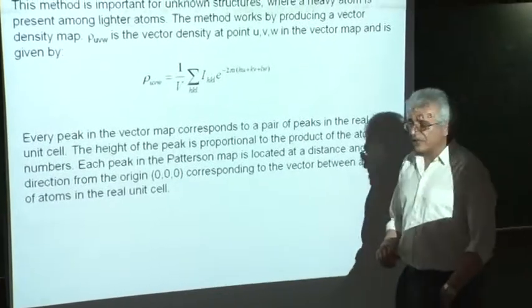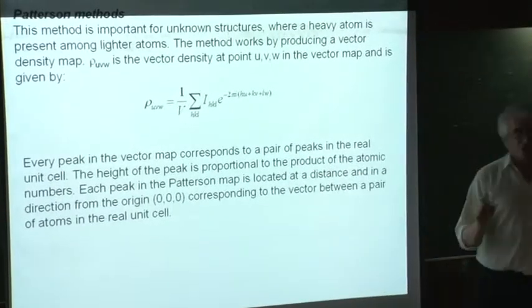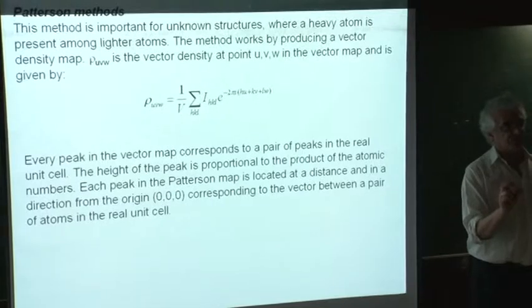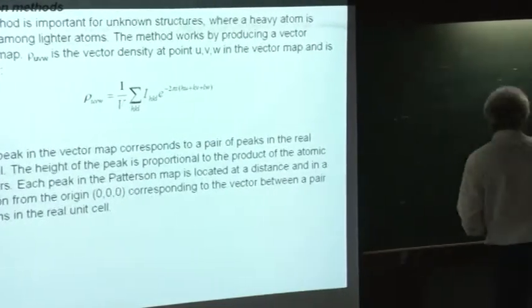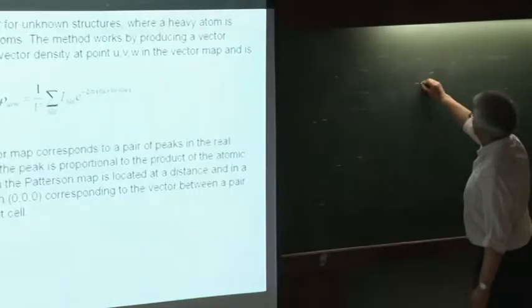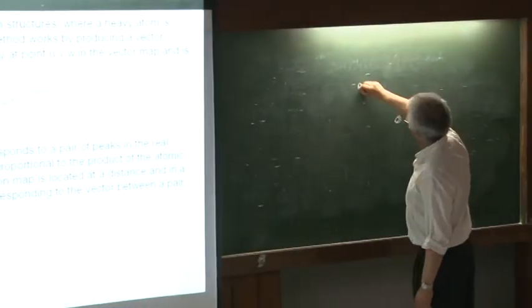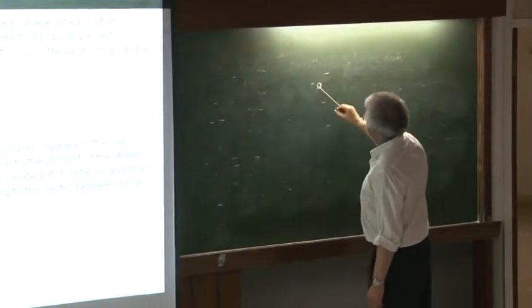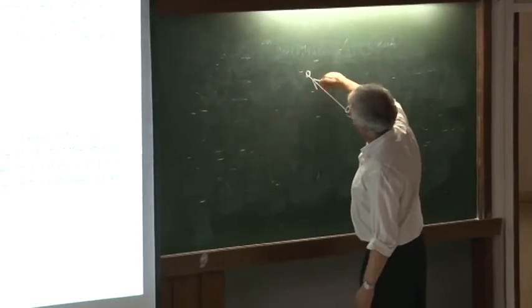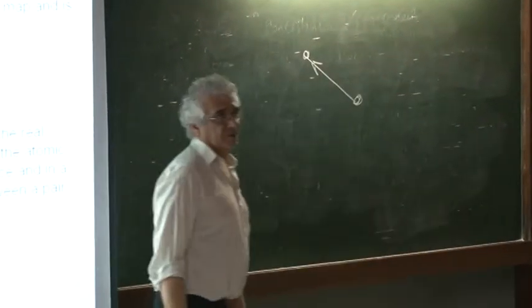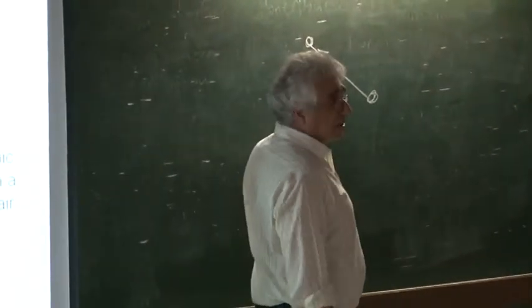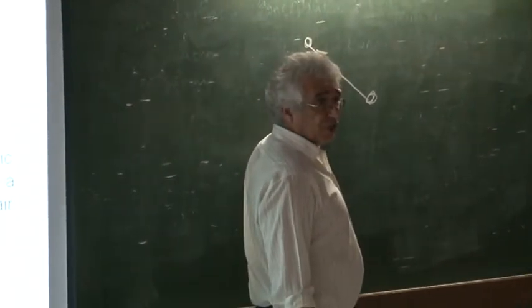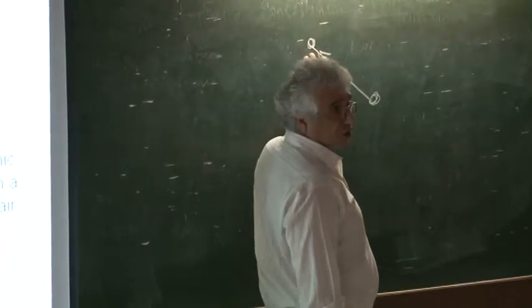Now, that density map corresponds to a pair, remember they're vectors. Vectors are between pairs of atoms. So if I have an atom here and an atom here in the structure, what we're looking at is the vector between those two atoms. And what I do is I take that vector and I shift it with respect to the origin.